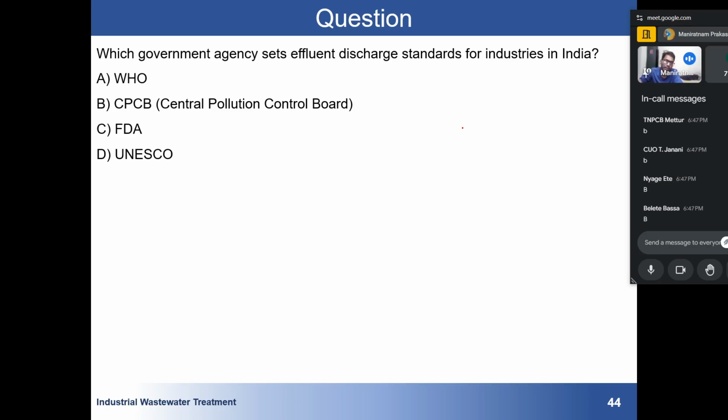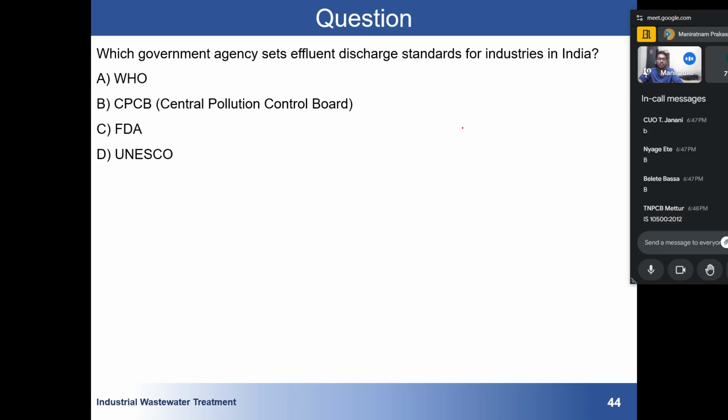What is the name of the drinking water standard? Does anyone remember? This is a general question. Remember, if you are appearing for any interview in environmental fields, anyone can ask which standard we use for drinking purpose. IS 10500. Yes, that is correct.